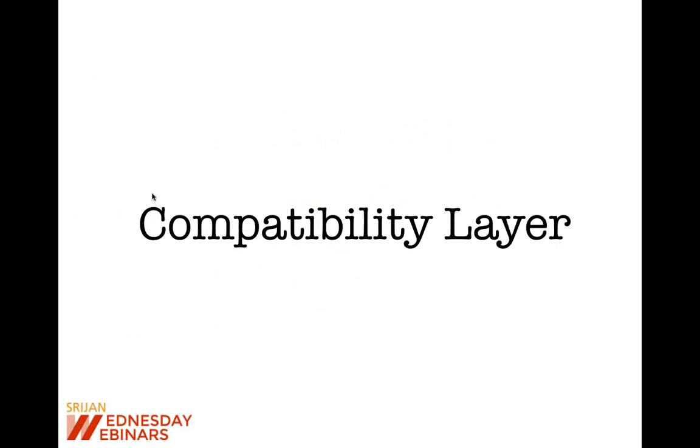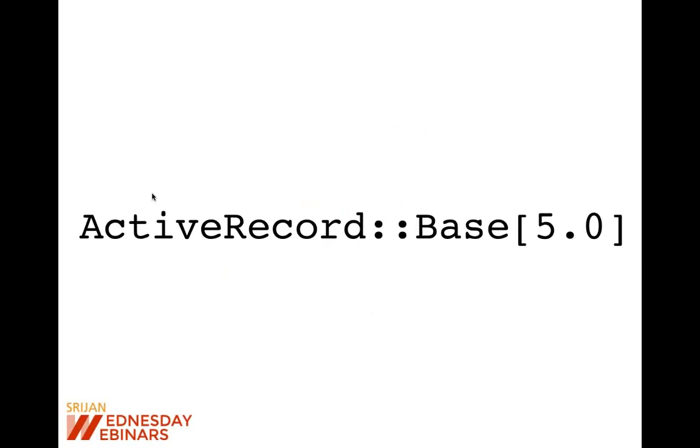So Rails 5 has introduced a compatibility layer for these backward migrations, and it will basically make sure that whatever new changes have happened to the migration API, they will not break the older apps. And you can see this yourself. If you generate a new Rails 5 app and you generate a migration, you will see that the migration classes have ActiveRecord::Migration[5.0] instead of just ActiveRecord::Migration.